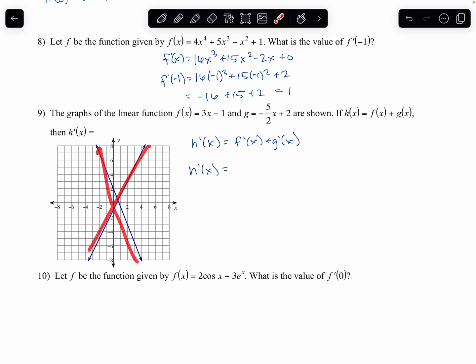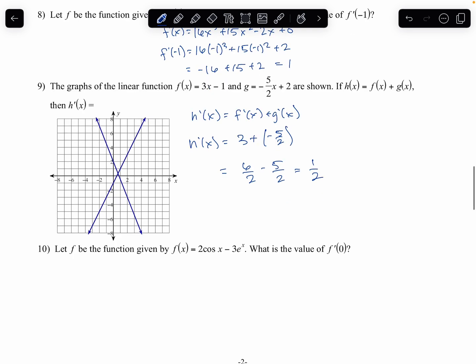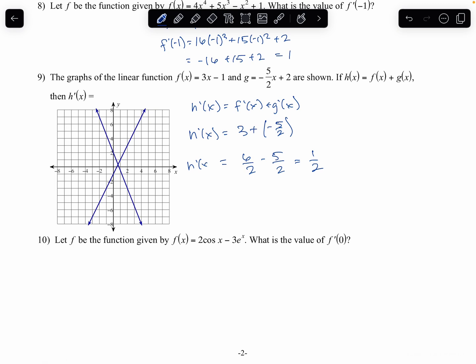I can get those from the graphs, or I can get them from the equation. But f prime of x is always going to be 3, and g prime of x is always going to be negative 5 halves. So that's 6 over 2 minus 5 over 2, and that's going to be equal to 1/2. That's what h prime of x is going to be.